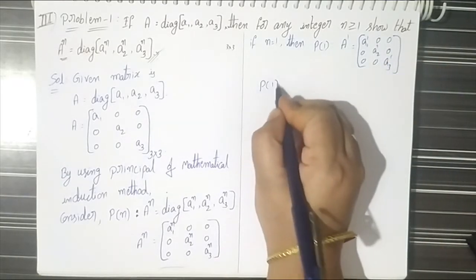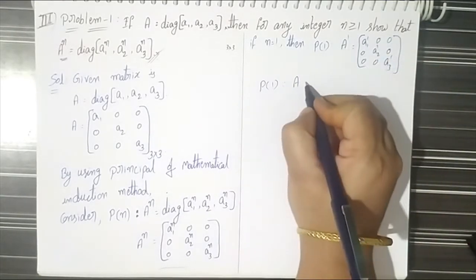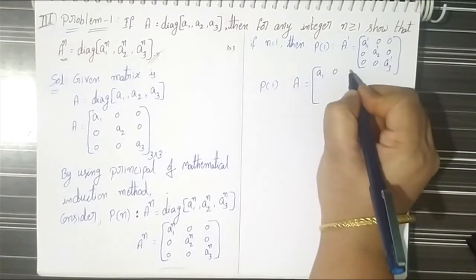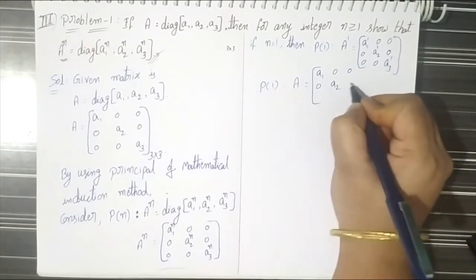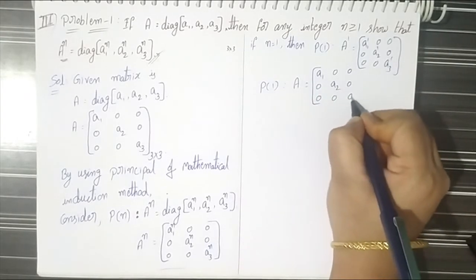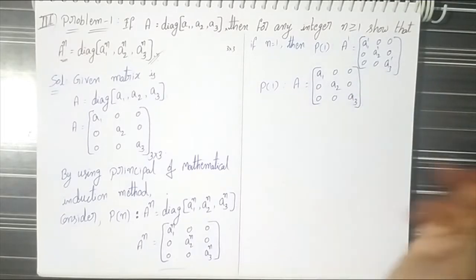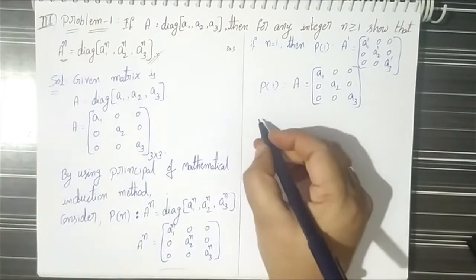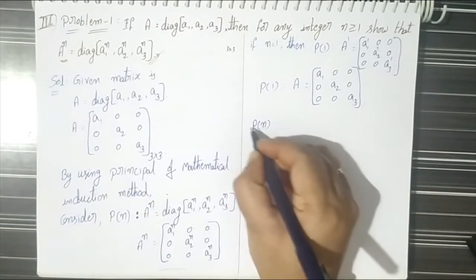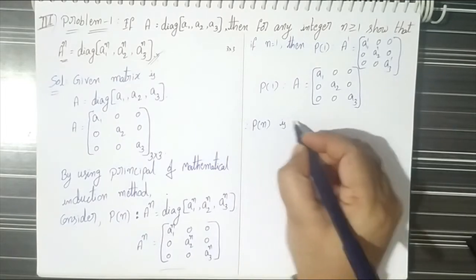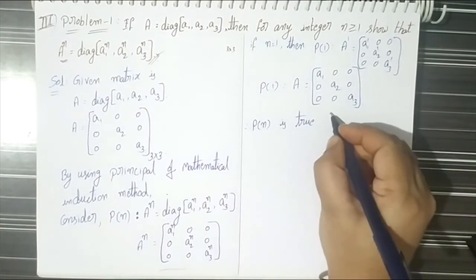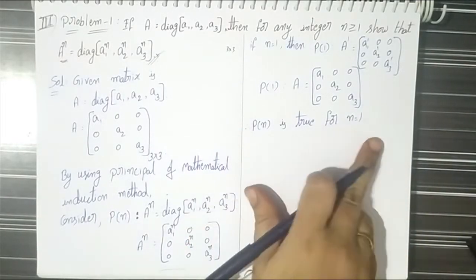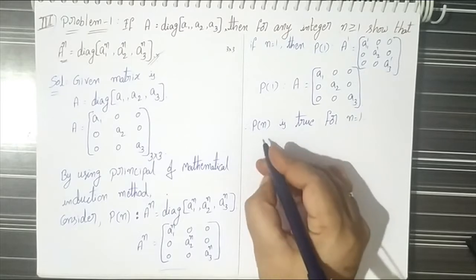That is, A power 1 equals a1 0 0, 0 a2 0, 0 0 a3. This is A, the given matrix. So we can conclude P of n is true for n equal to 1.